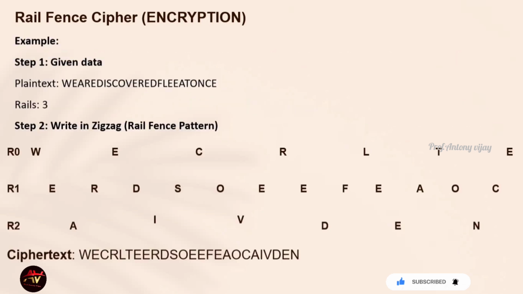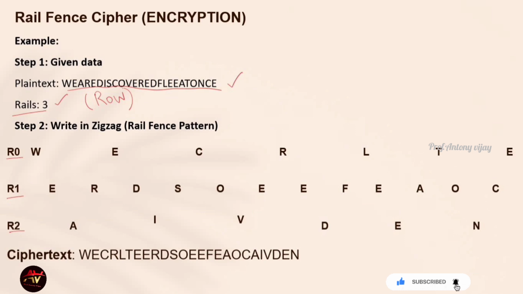Initially I have taken the content "we are discovered flee at once." This is the plain text, and the input given is rails 3. Rails means rows, both are the same. You can represent these rails shortly as R0, R1, R2, so 3 rows, or 3 rails.